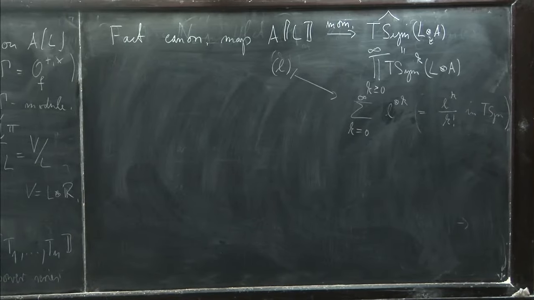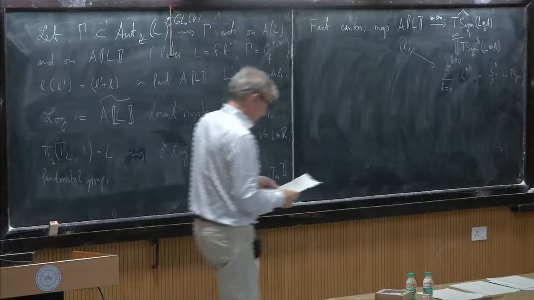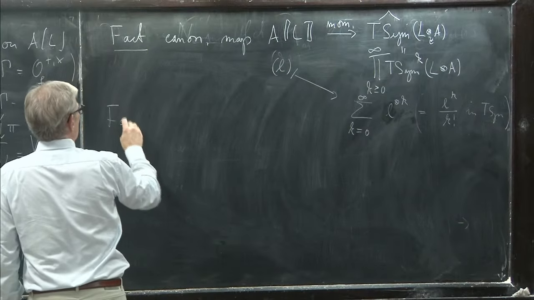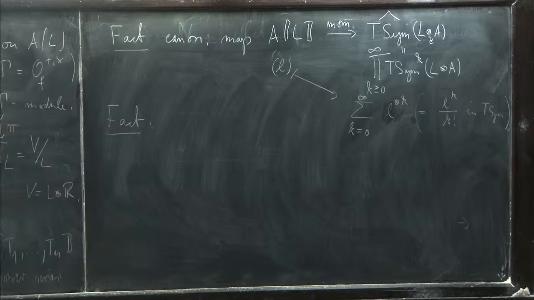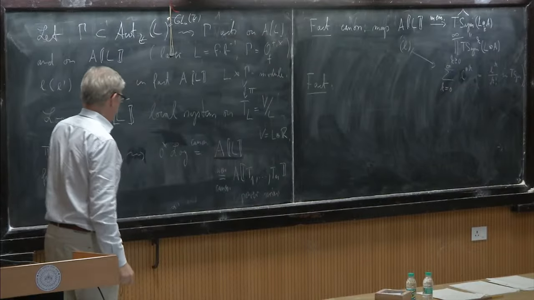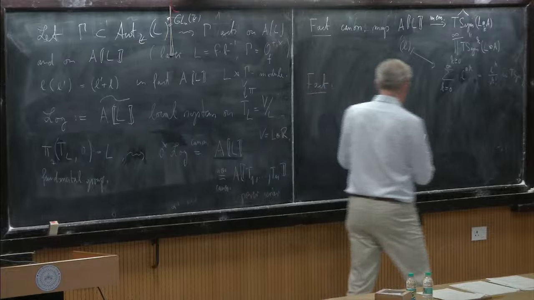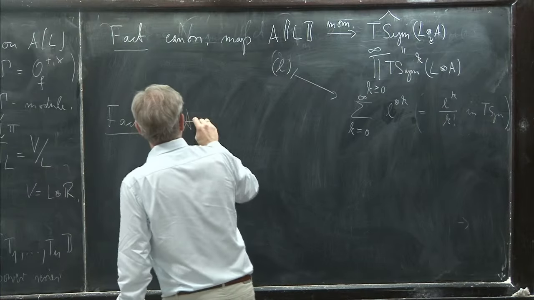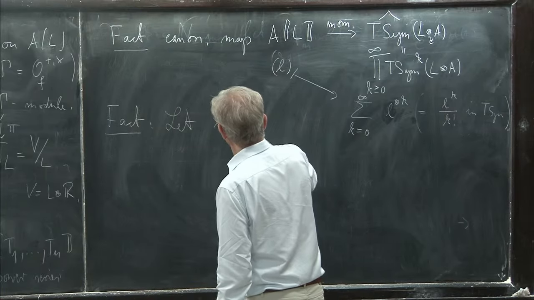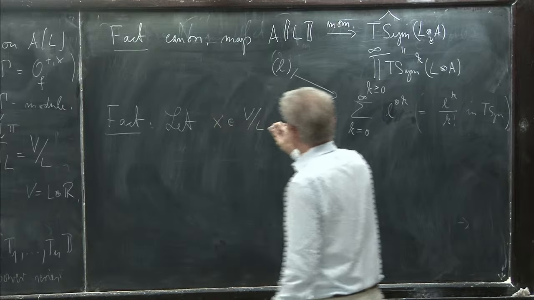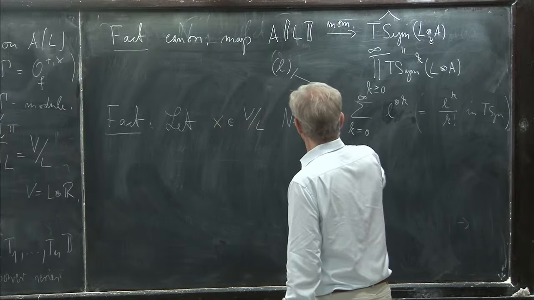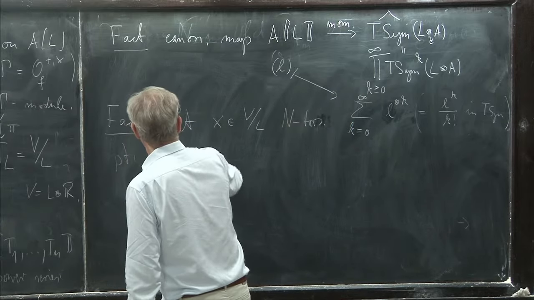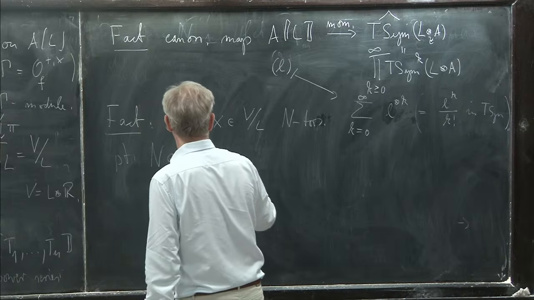Okay, that's some kind of exponential map you always have. And then we need another fact, and that's the following. We need that if we consider a torsion point in this torus, VL, so let's say it's an n torsion point, so n is an integer bigger than 1.